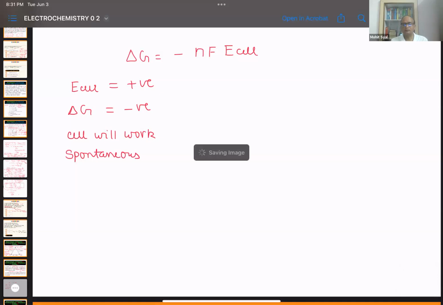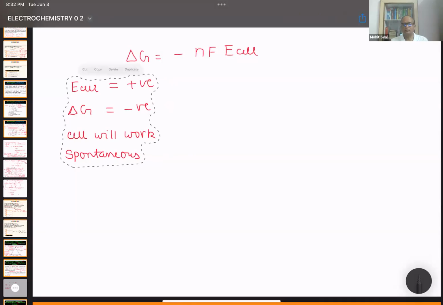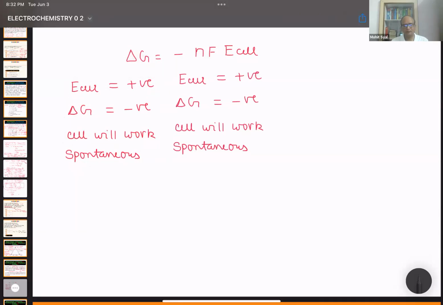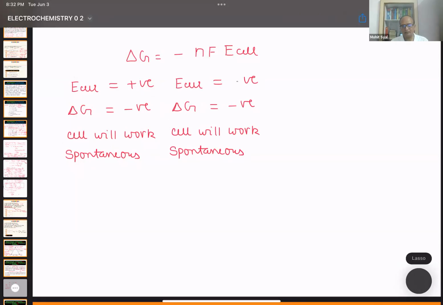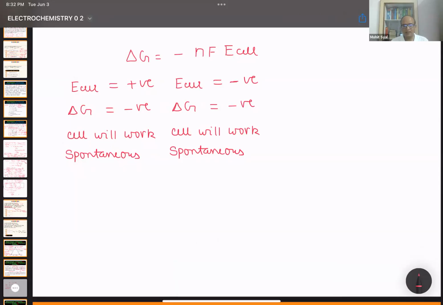Just now we have seen in the previous slide also. And if suppose the EMF of a cell is negative, E cell is negative, delta G is positive, the cell will not work. It is going to be non-spontaneous.